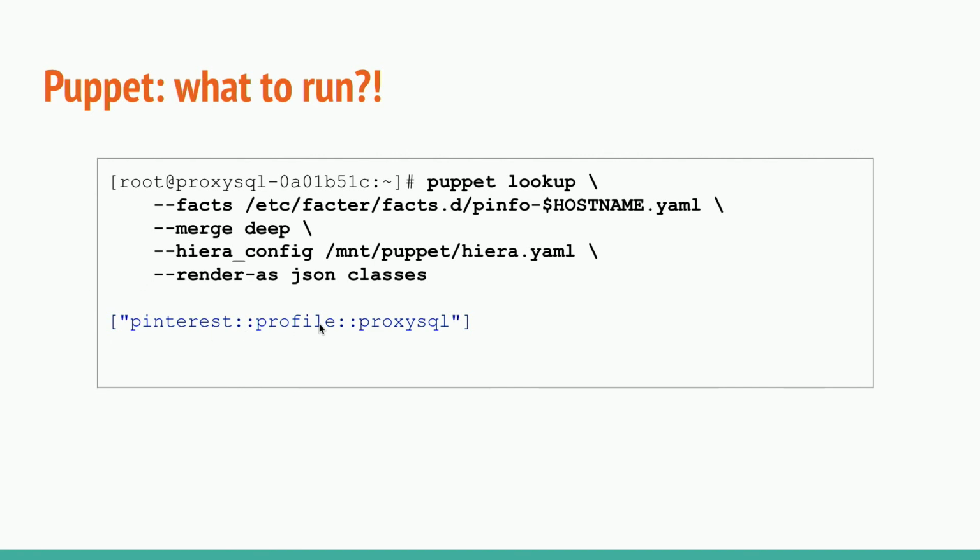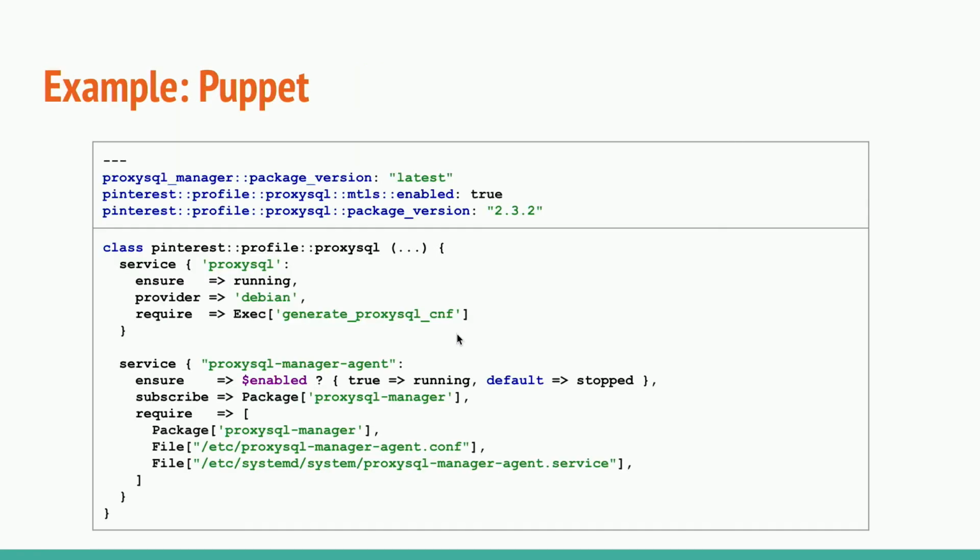Here we get the ProxySQL profile, which does quite minimal stuff. It executes the Pinterest base profile that installs Pinterest repos, Pinterest services, and configures the operating system, plus ProxySQL. The ProxySQL profile installs the ProxySQL package, installs the ProxySQL Manager package, installs config, and starts services. That's it.